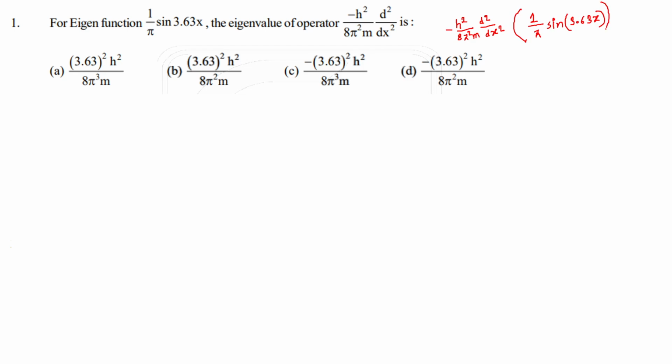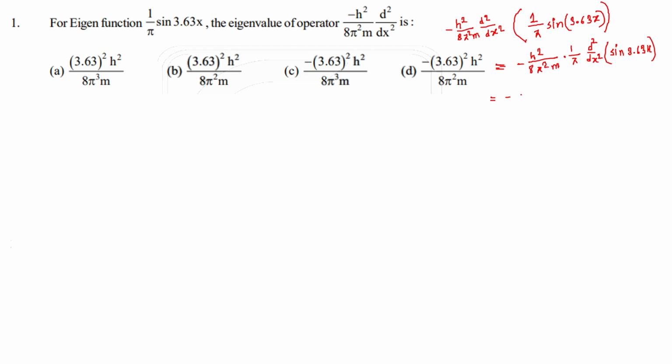It will operate on this and will give me something. See, 1 over pi is a constant, so we can take it out. So let me first write minus h square by 8 pi square m, 1 over pi. Then I am going to do d2 dx2 of sine 3.63x. So we have to differentiate twice.